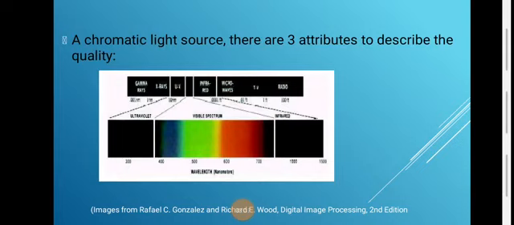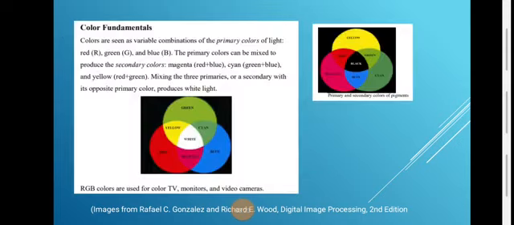This is the range of wavelengths comprising the visible range of the electromagnetic spectrum. Our visible spectrum lies between 400 to 700 nanometers. In color fundamentals, we have seen a variety of colors.